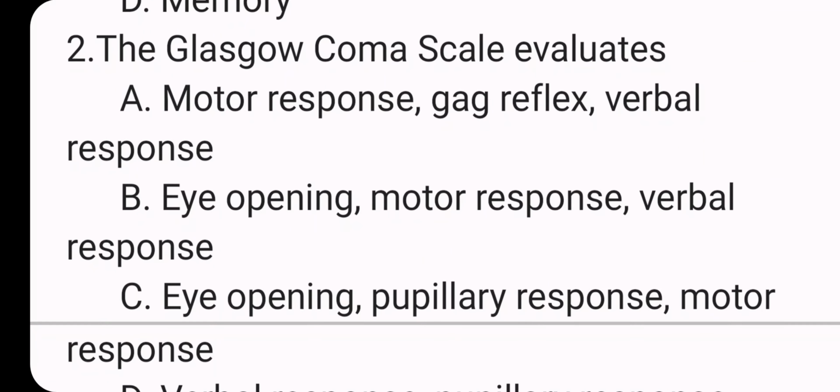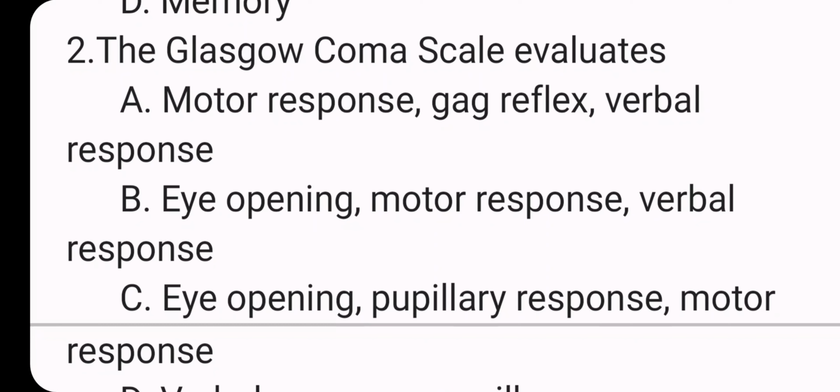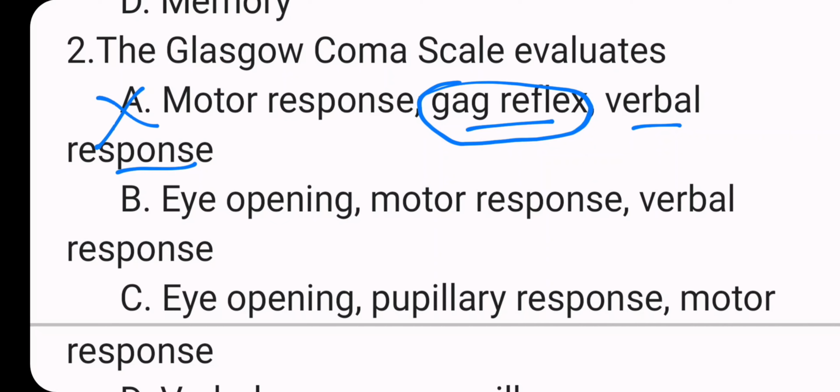Next question: the Glasgow Coma scale evaluates what? Motor response, gag reflex, verbal response? No, gag reflex is not included, so this will be rejected. Next one: eye opening, yes; motor response, yes; verbal response, yes.